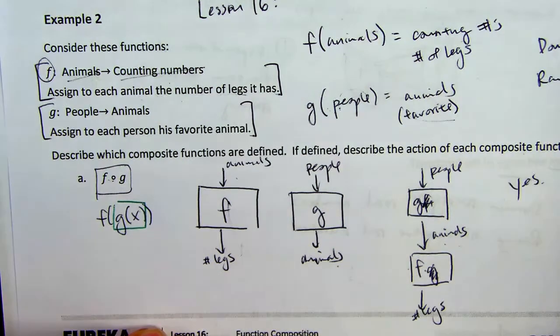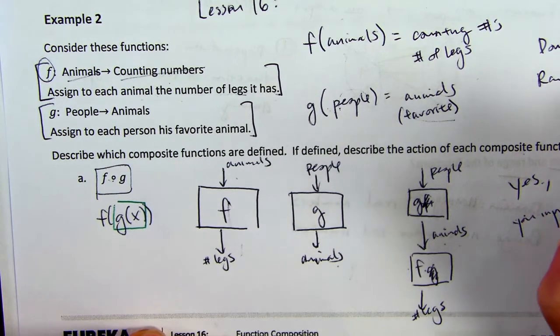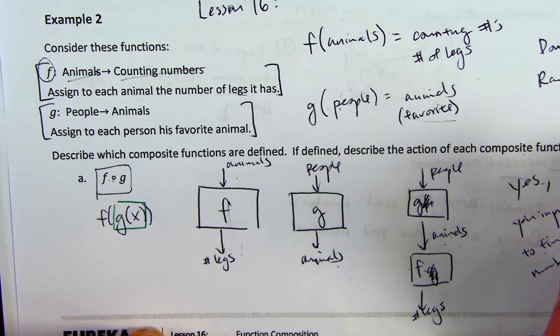Well, the action would be: you input the person, and you find out the number of legs of the person's favorite animal.